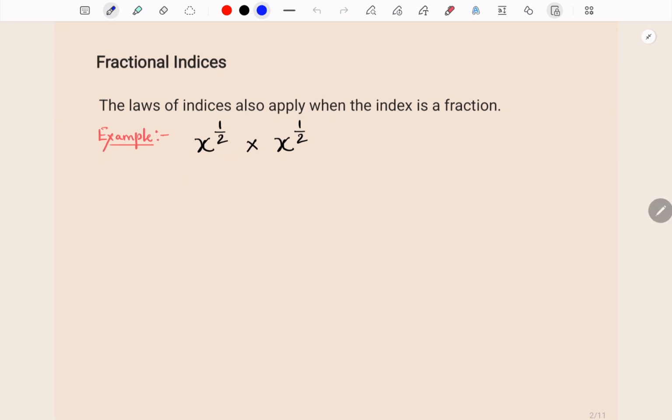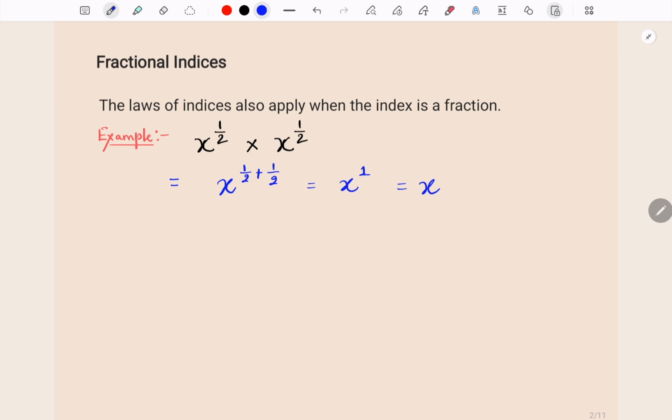From the laws of indices, we already know that whenever we are multiplying and the base is the same, we keep the base as it is and then we add the powers. So that gives me x raised to the power 1 over 2 plus 1 over 2, which is 1. So we have x raised to the power 1, that is nothing but x.